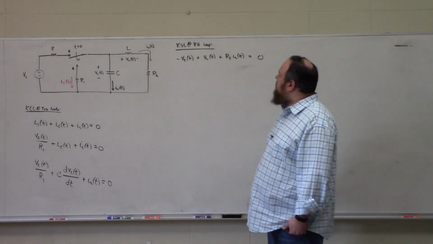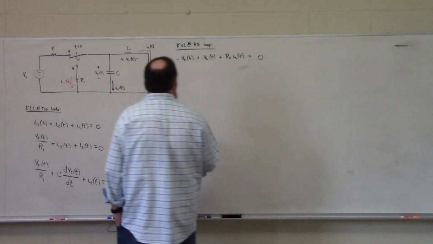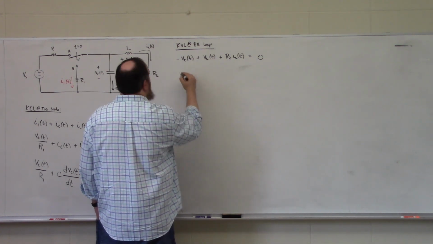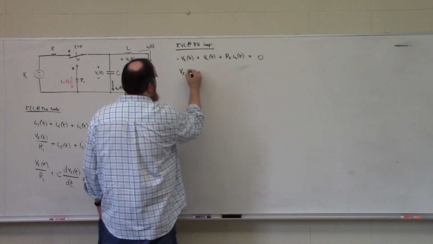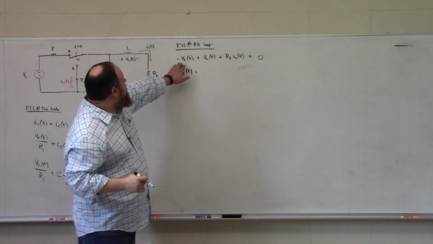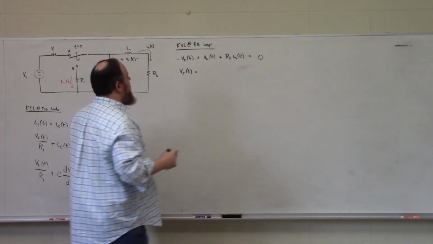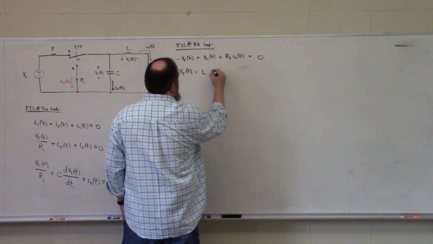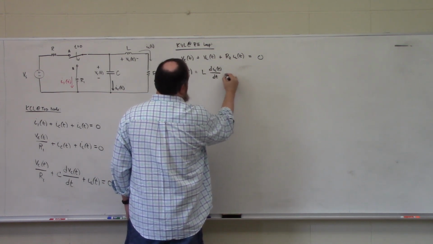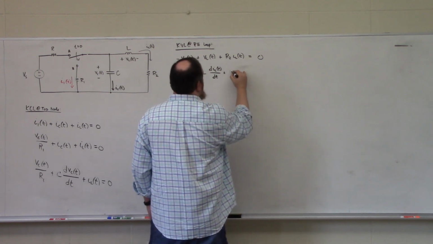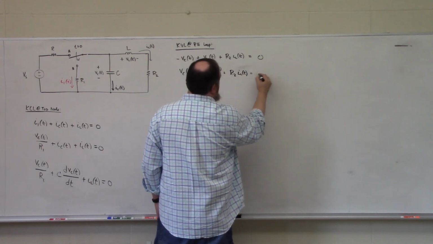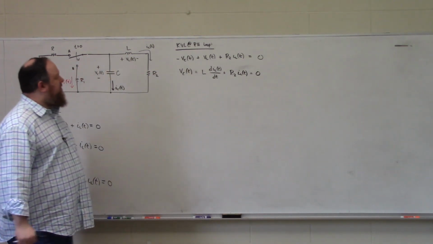And I can express the voltage drop over this inductor in terms of the inductor current so that I get VC of T is equal to, so I'm just moving this VC of T over to the other side of the equal sign, L di by dt plus R2 times IL of t.